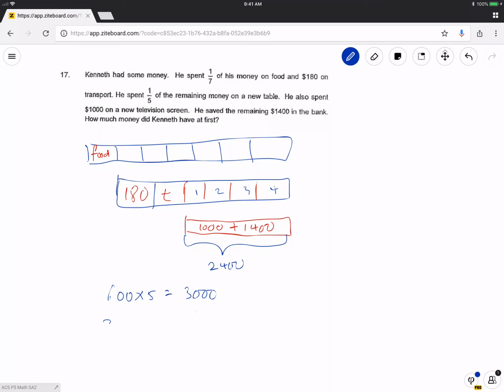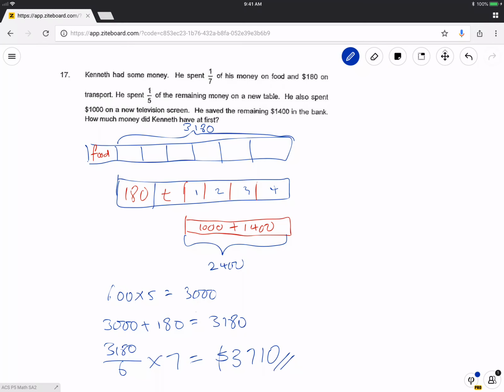So 3,000 plus 180 is 3,180. 3,180 is this part. Then we take 3,180 divided by 6 times 7. Answer 3,710. Right? Next.